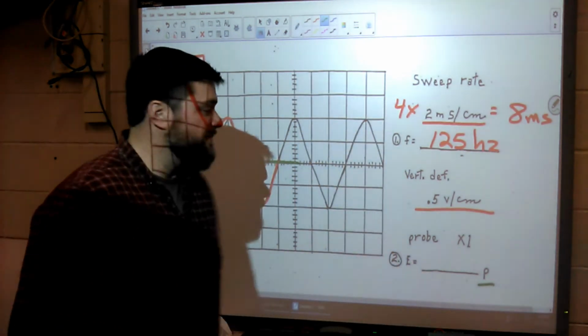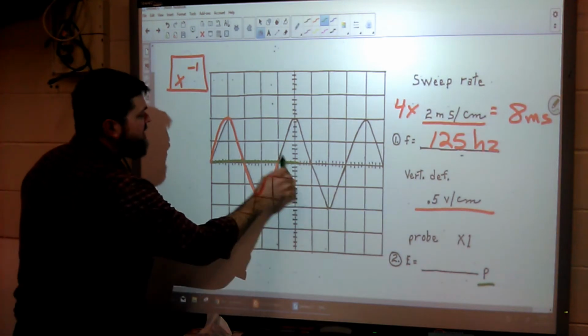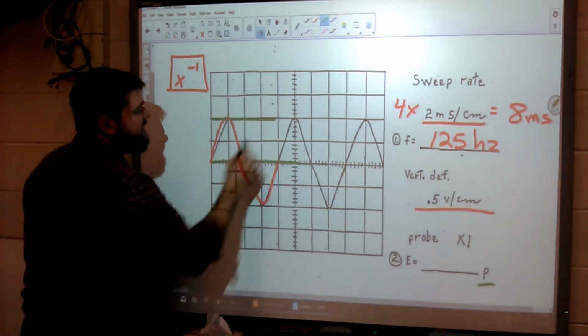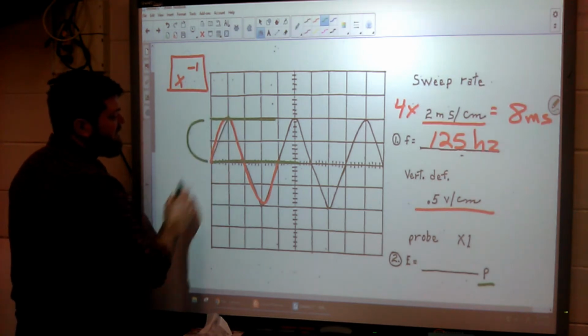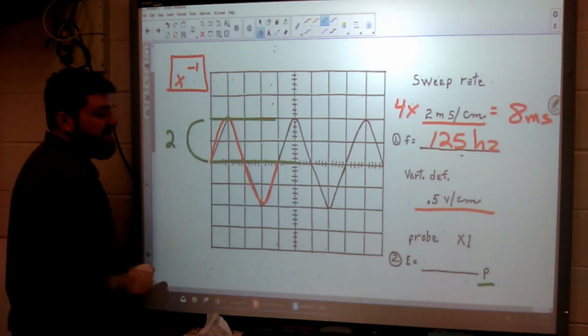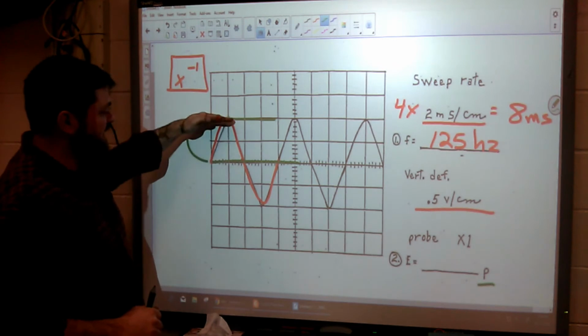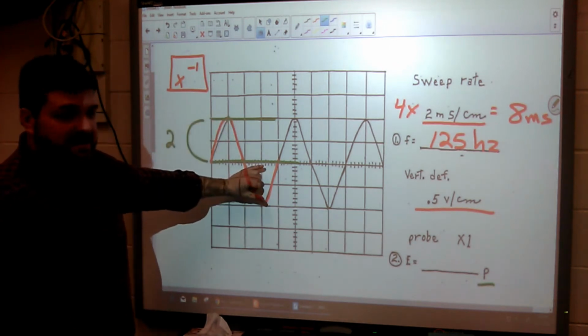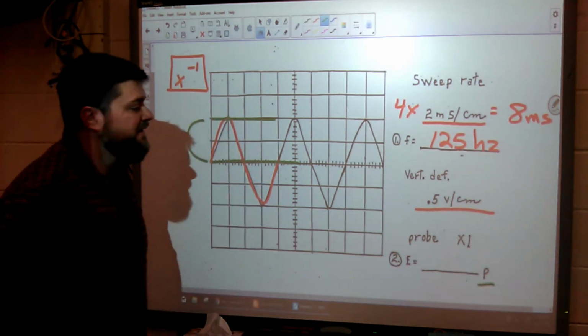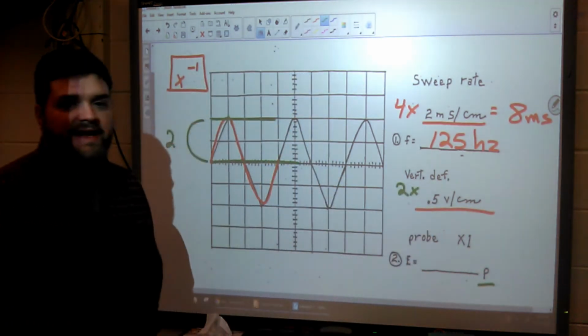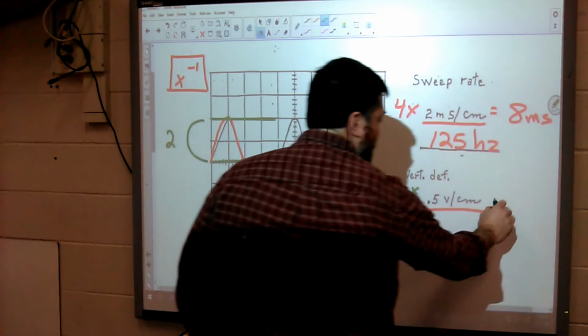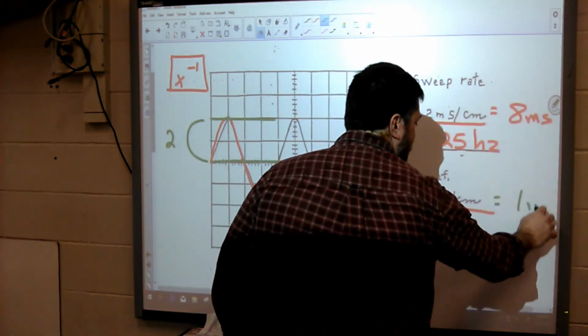So if right here is 0, and this point up here is my peak, how many squares up did I go? Well, that's 2 squares. You could use the negative peak as well, but it's still 2 squares. So you're going to put 2 times 0.5, and that's going to give you, obviously, 1 volt.